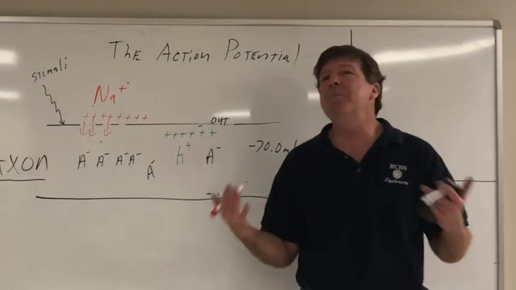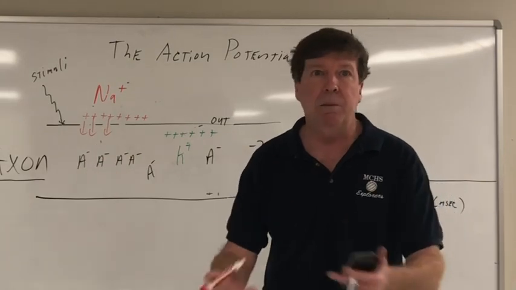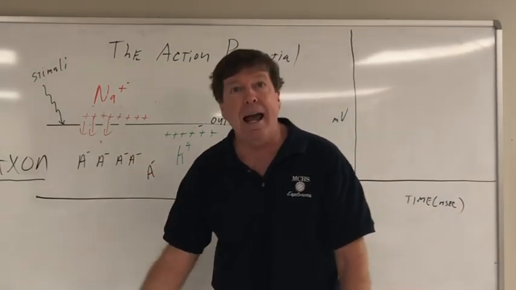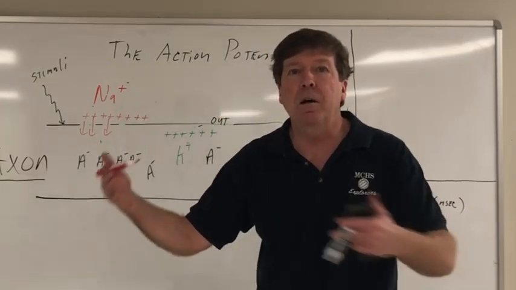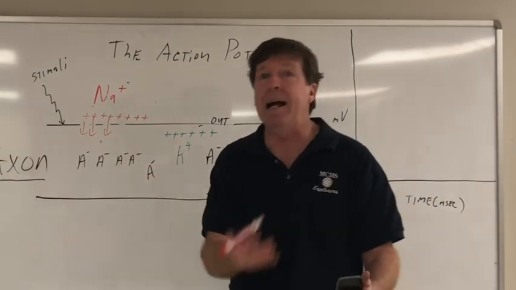We know that in typical diffusion, materials like perfume, or oxygen gas in the lungs, is going to diffuse into the capillaries. The oxygen gas is going to diffuse from the bloodstream into the tissues. Carbon dioxide diffuses.